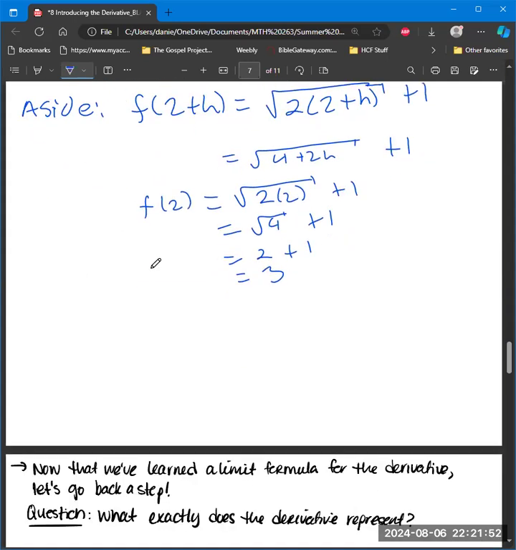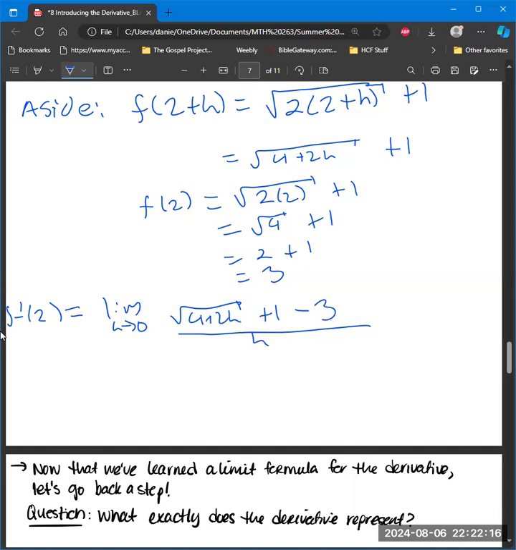So now that I have those two values, we're ready to find f prime of 2. That's going to be equal to the limit as h goes to 0 of root 4 plus 2h plus 1 minus 3 over h.